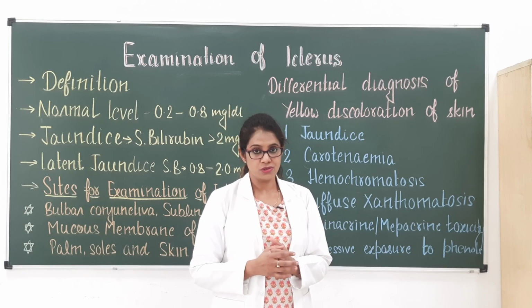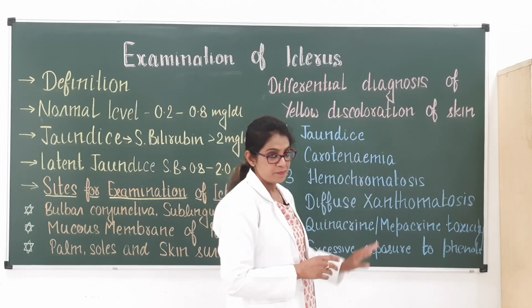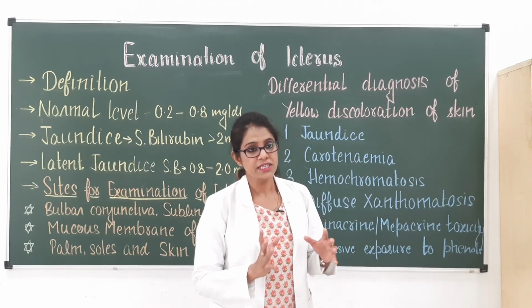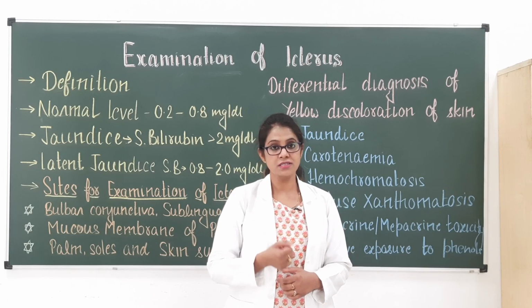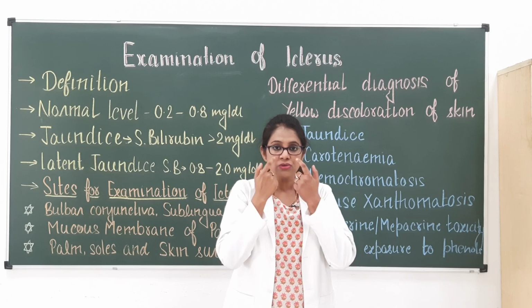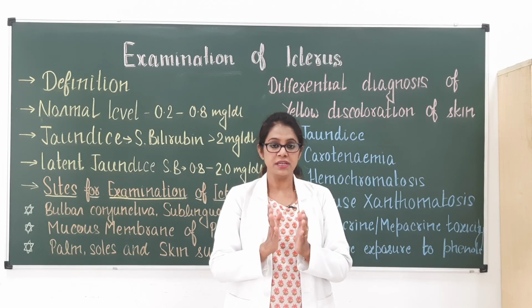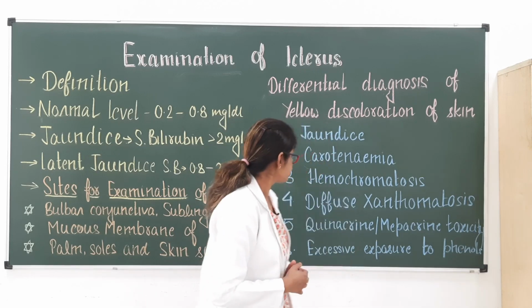But here the yellow discoloration is not generalized. It occurs on the palms and soles, and on the forehead and nasolabial fold. So here the yellow discoloration is on selective places.